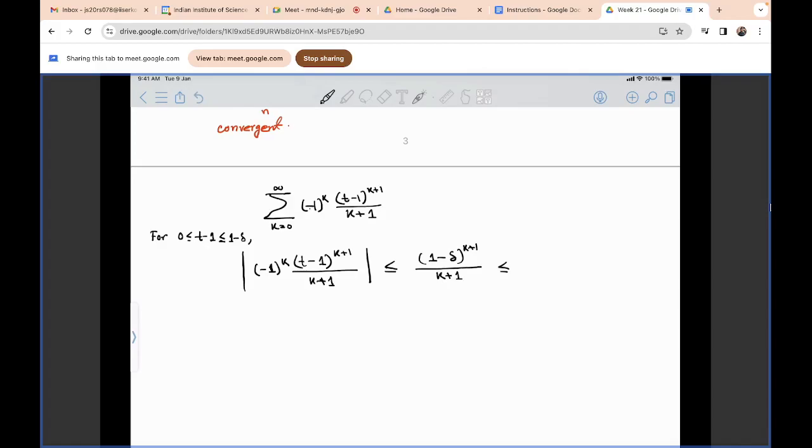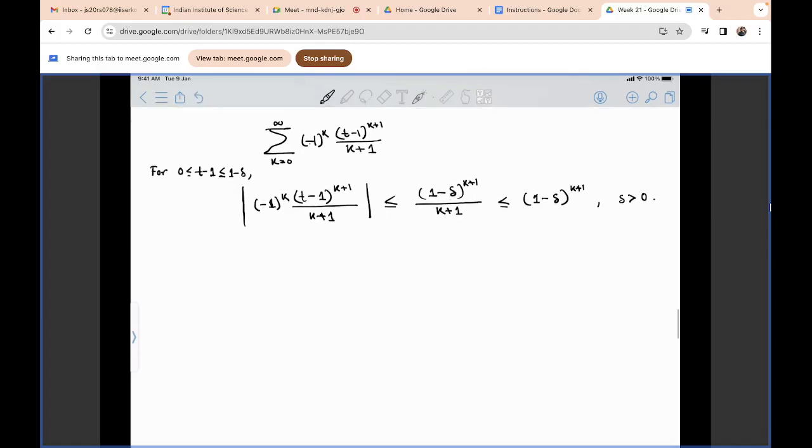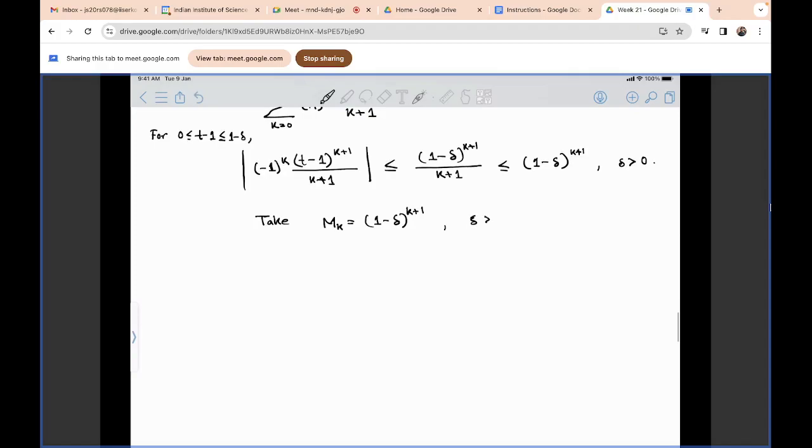And k plus 1 is bigger than 1, so this is less than 1 minus delta to the power k plus 1, for delta bigger than 0. Delta is obviously less than 1, a small delta. So take Mk to be this, for delta positive and less than 1.